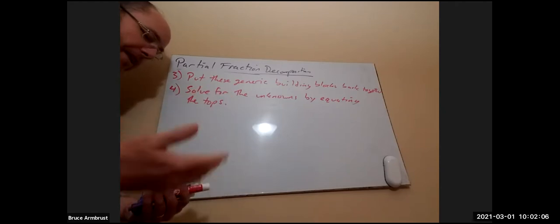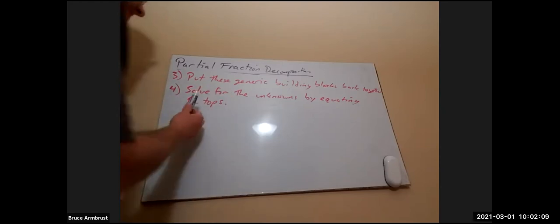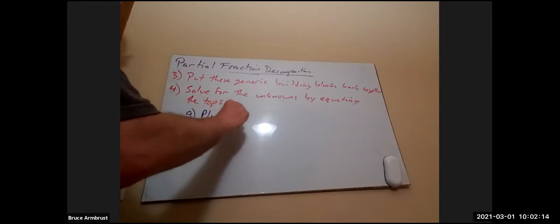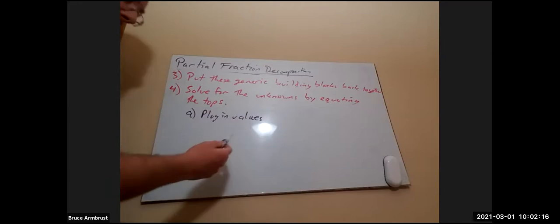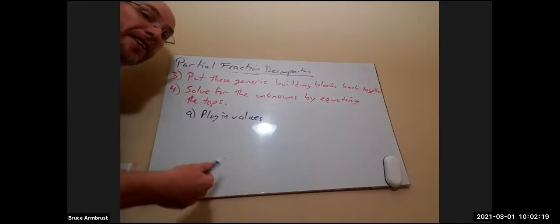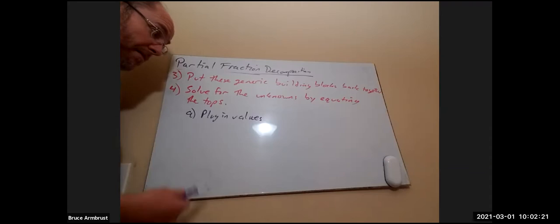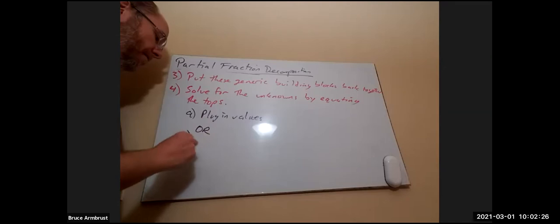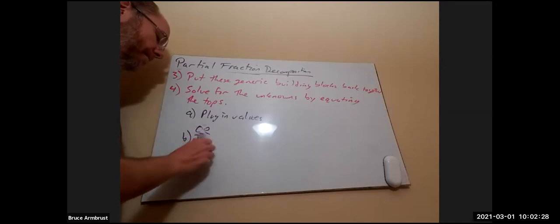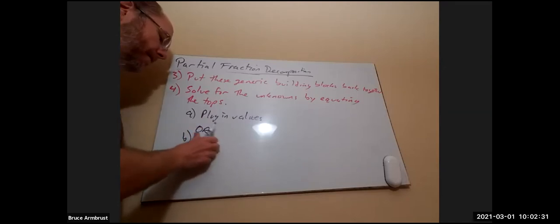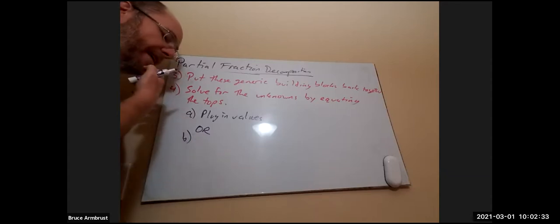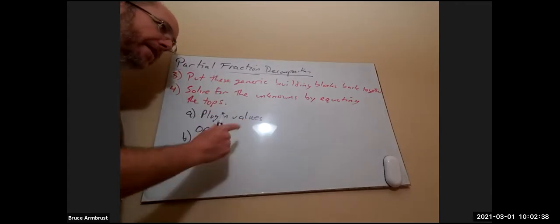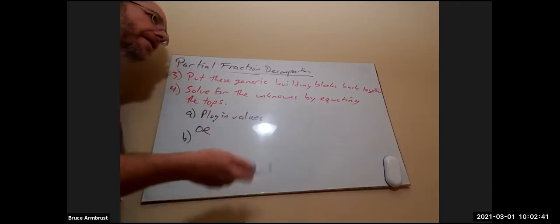Within this step, you really have two options. The first one is plug in values. And you're going to plug in as many values as unknowns you've got. Or you can distribute and then relate the coefficients on the various powers.